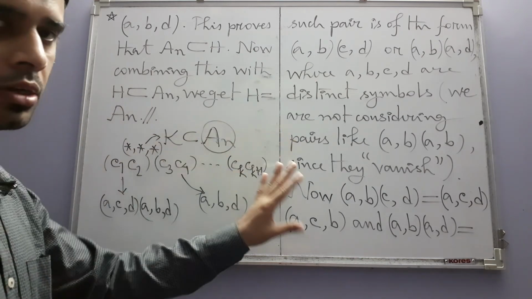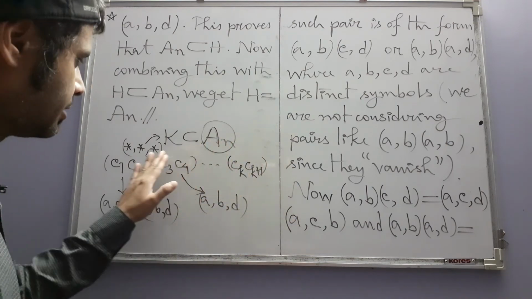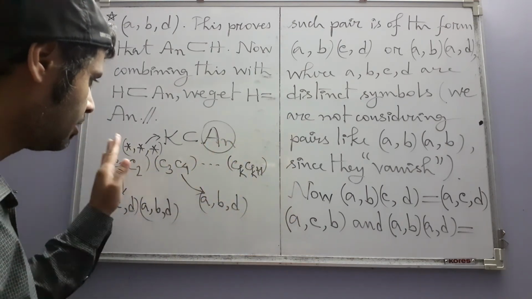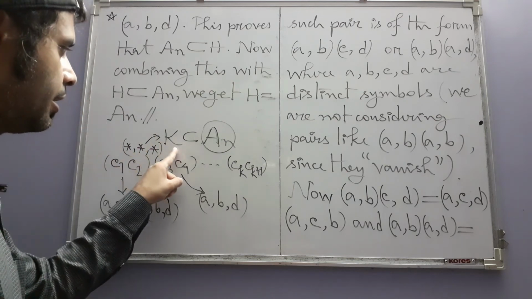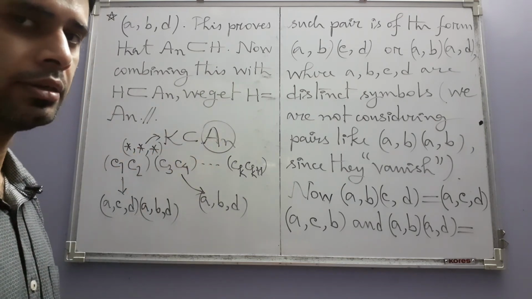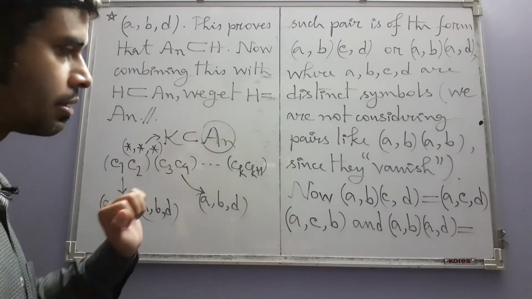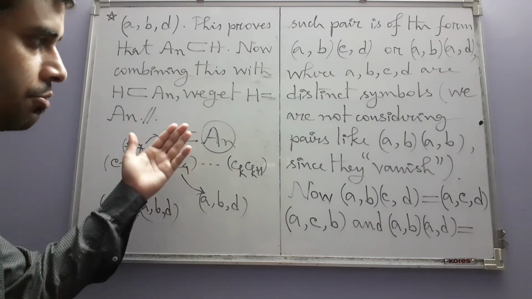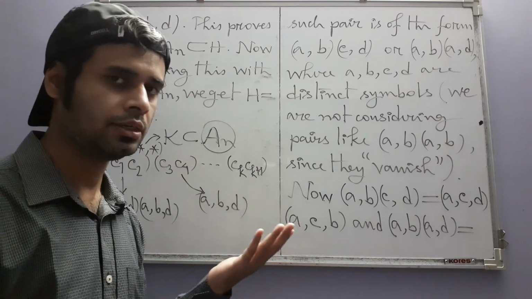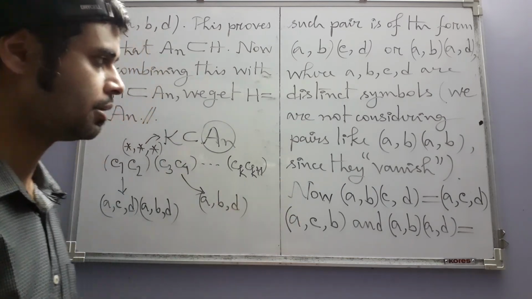Not all of them, but only at least one 3 cycle. Then K has to be the entire A_n itself. If I am remembering correctly, that's what the next exercise is about, which we will of course see in the next group theory video on Herstein's algebra.